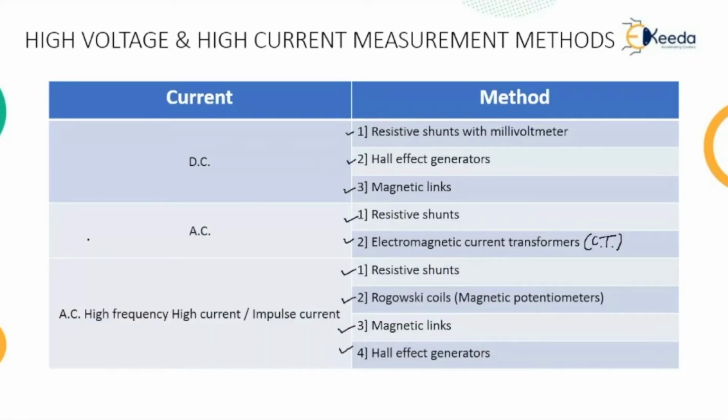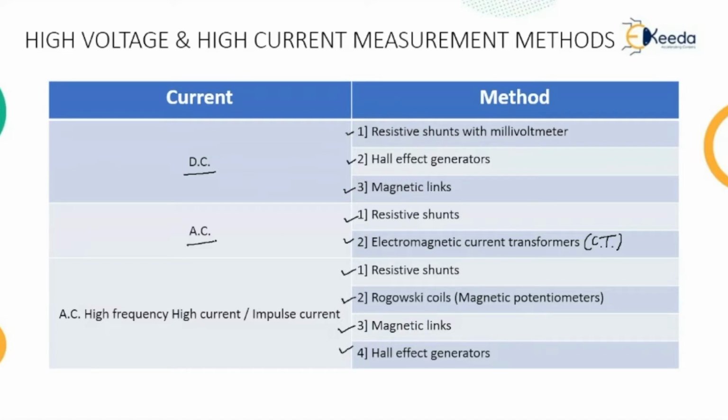You can check this particular slide. This shows the type of current which are mentioned on the left hand side, that is DC current. This DC current can be measured by three methods: resistive shunt with millivoltmeter, Hall effect generator, and magnetic link.